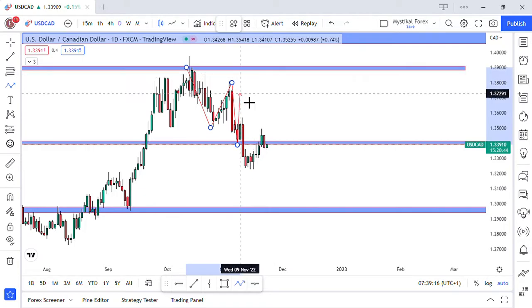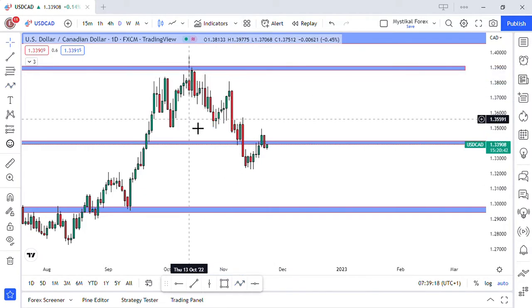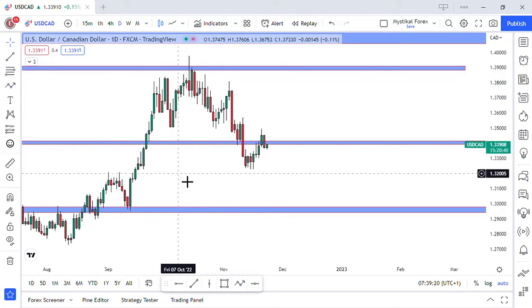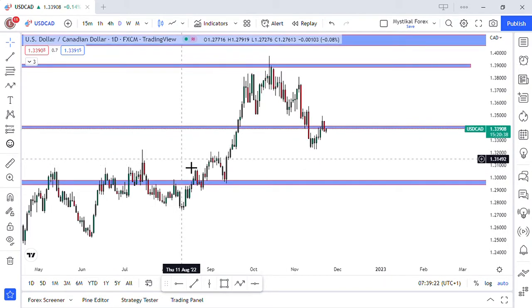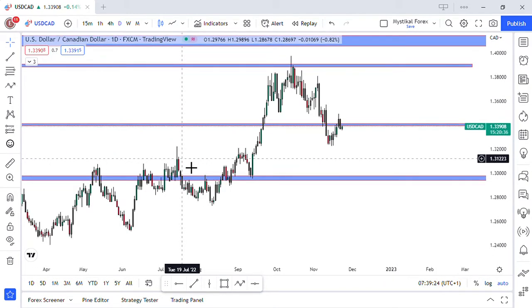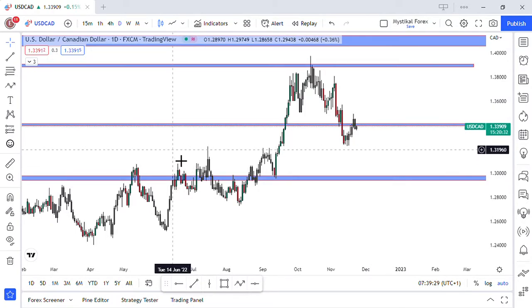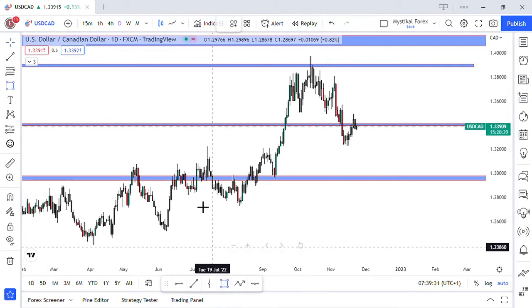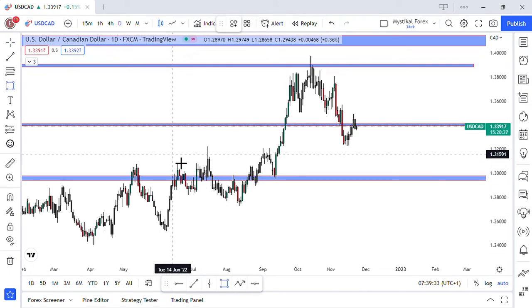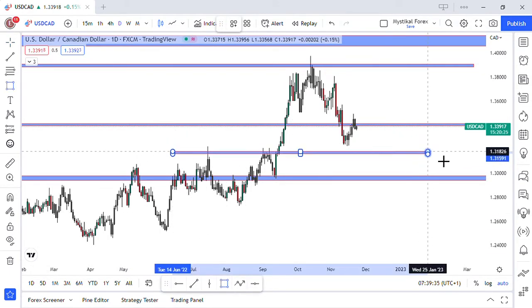There's two ways. Now as we go down, we can see that on our daily time frame we have another zone here. Look at this. You keep on seeing these everywhere.